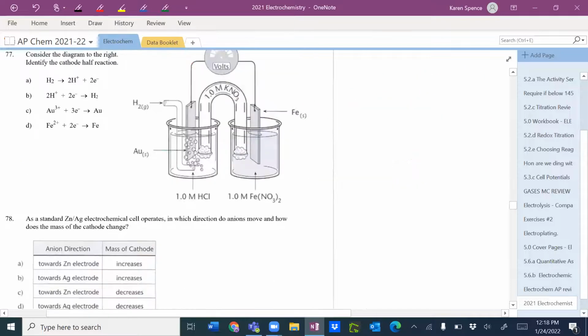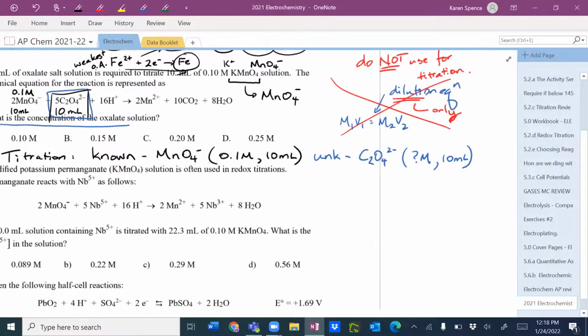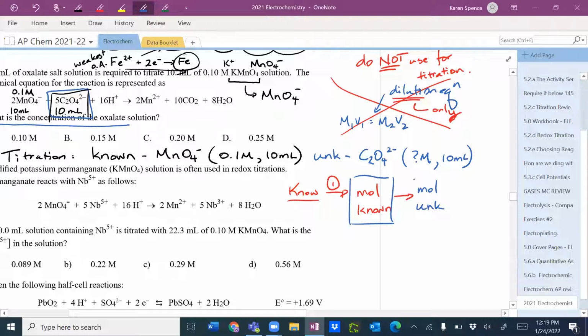What you're going to do is take your known substance, whatever you know about it, and convert it into moles. It's always a three-step process. Moles of your known substance. You will convert that into moles of the unknown substance. So it's always going to be moles to moles. In order to go from moles to moles, you use the mole ratio.